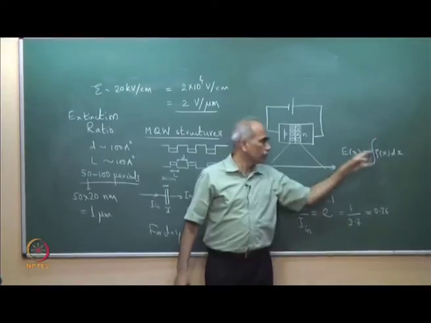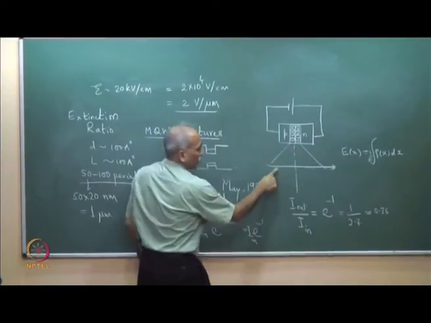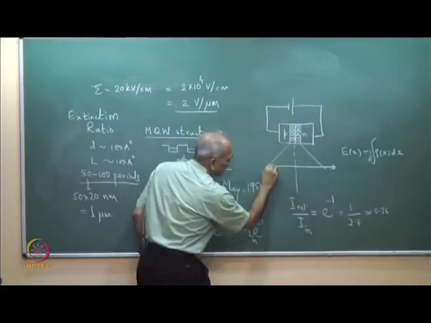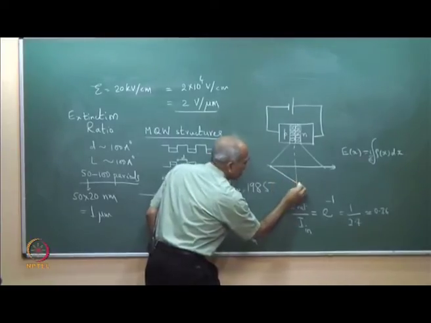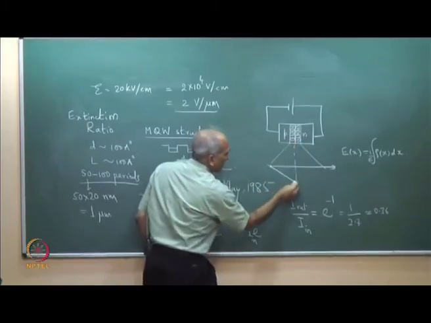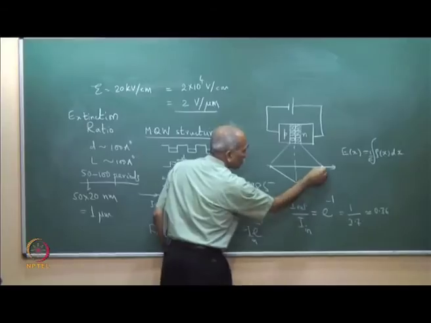Therefore, the electric field starts from here. So, it is negative. The electric field increases linearly, and then as you add positive charges to the negative, the electric field decreases and comes down here.